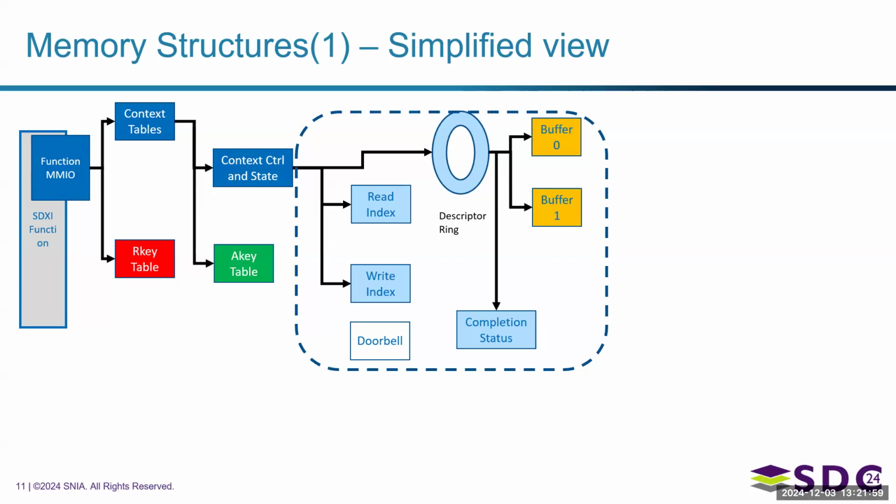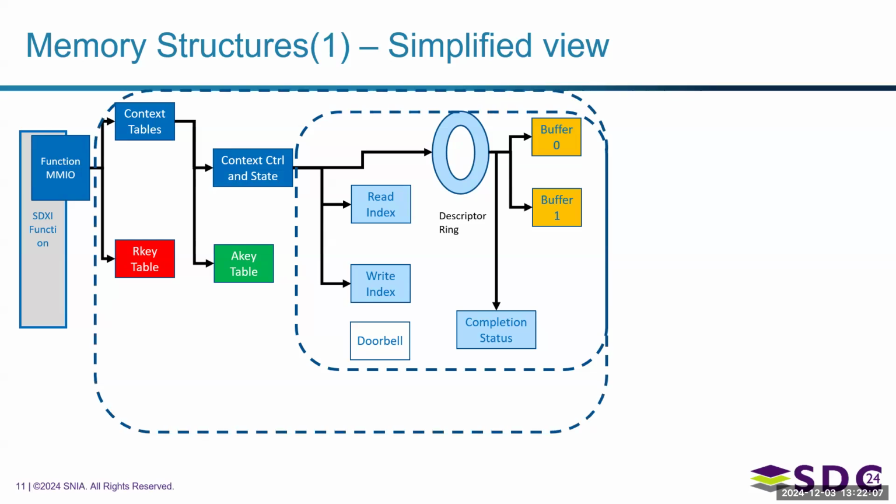You don't need any additional privileged software help to work with these structures in memory. The privileged software does have control over all of the other regions. So it can control what address spaces this context is able to use, which remote functions can access the local resources, and the state around the context.